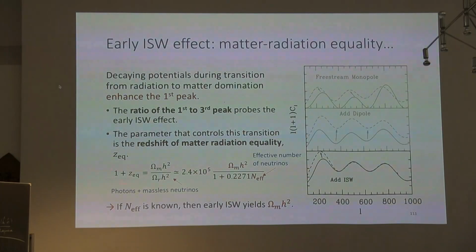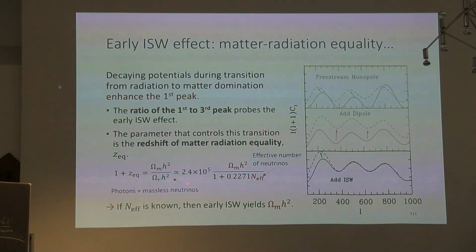Now, here's an expression relating the redshift of equality to the matter density, and also the radiation energy density. The radiation energy density in standard lambda CDM is just photons plus 3 families of massless neutrinos.